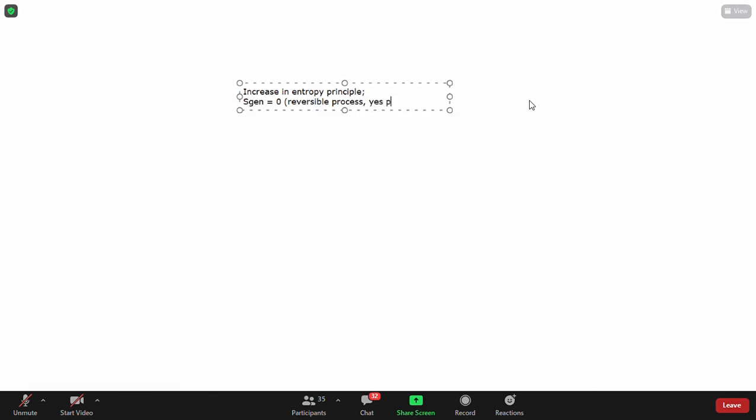What if S gen is greater than 0? That means it's a positive value. What is this? Irreversible, and possible. If it's less than 0, then it is impossible. Why? Because you have violated the second law of thermodynamics. It cannot be negative, it must be positive.